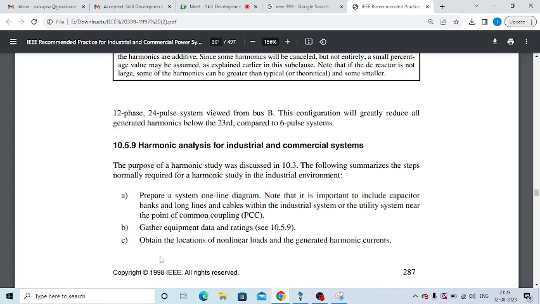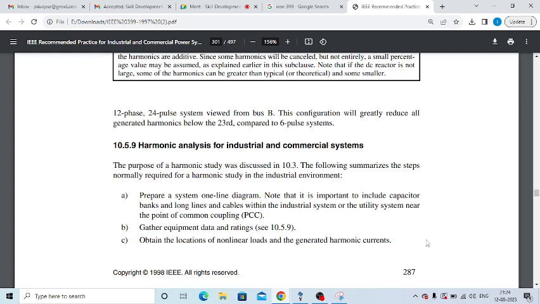So in a single line diagram, where all the non-linear loads are coming, we need to know what non-linear current the particular load can generate. Suppose 10 non-linear loads are there, all with different ratings, we have to get the harmonic current generation by all the 10 loads.